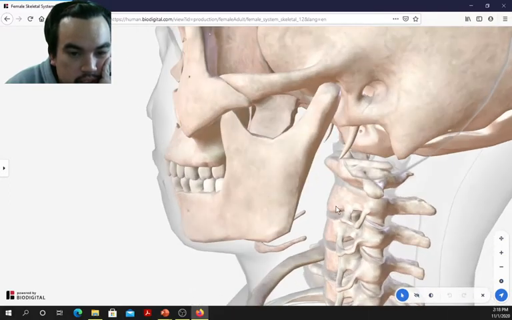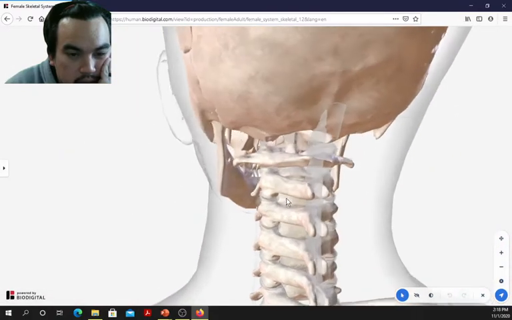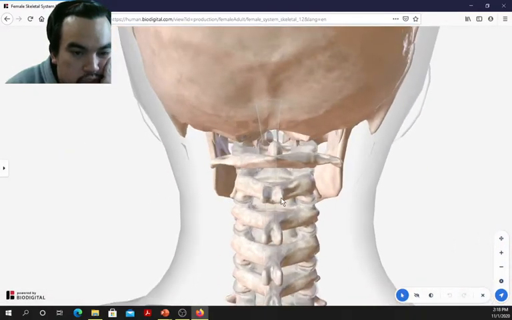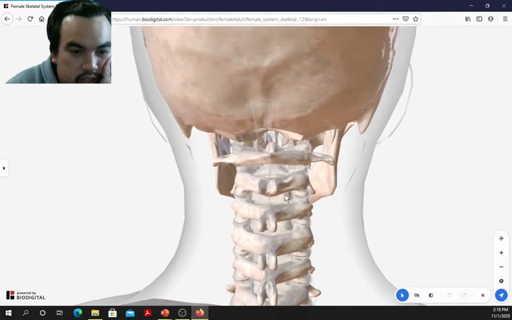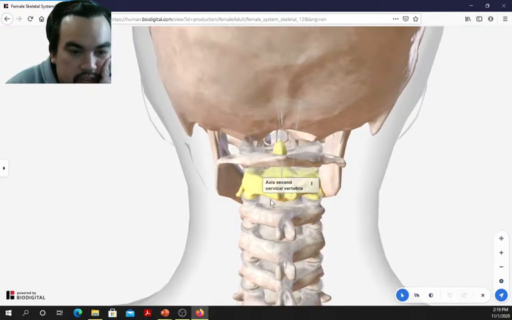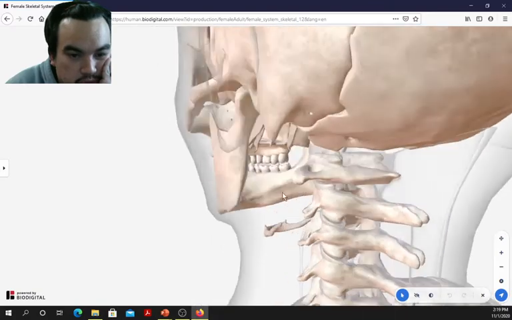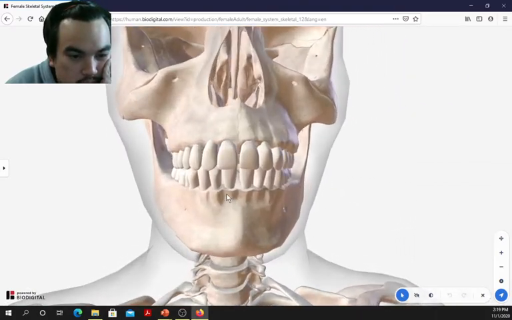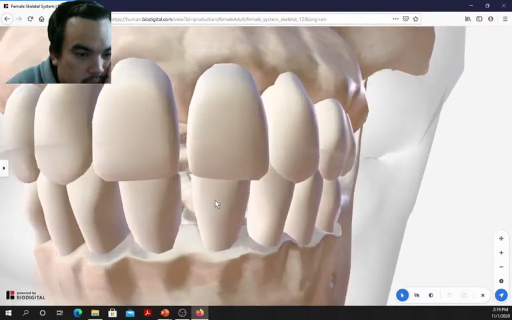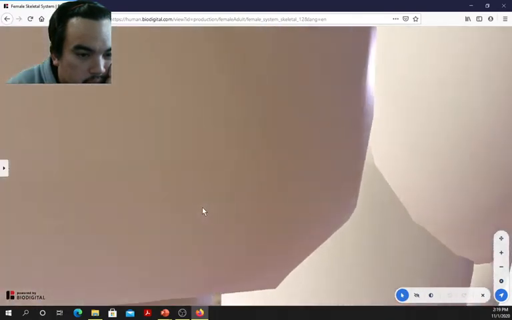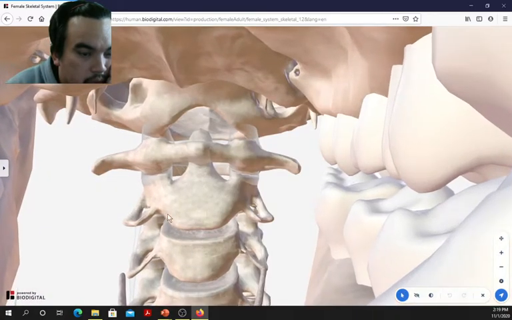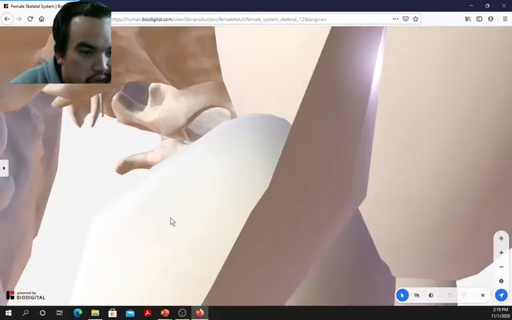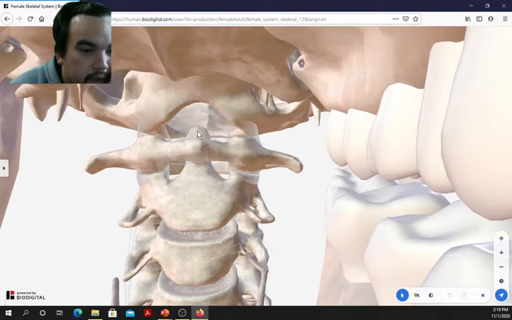You can kind of see there how the shape is almost like a disc, right? But then you can see here in the axis how it protrudes and projects through. There we go. How it projects and protrudes through. Oh, there it is. Okay.